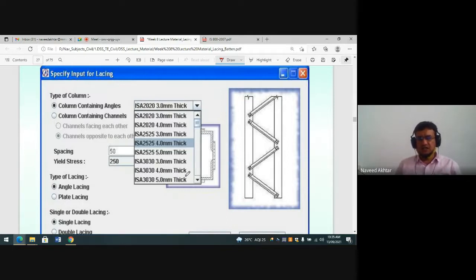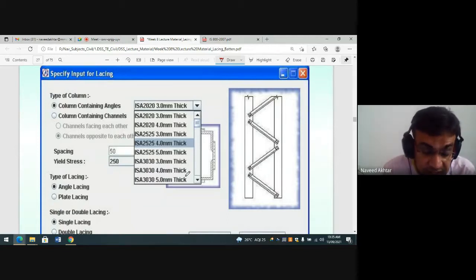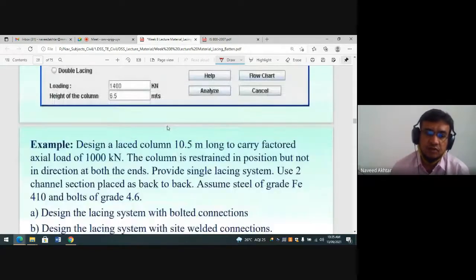In Excel there is a spreadsheet, in VB, Visual Basic, in C language, and many other languages are now coming into the picture. By using computer programming languages, you can design a lacing system easily with multiple options.